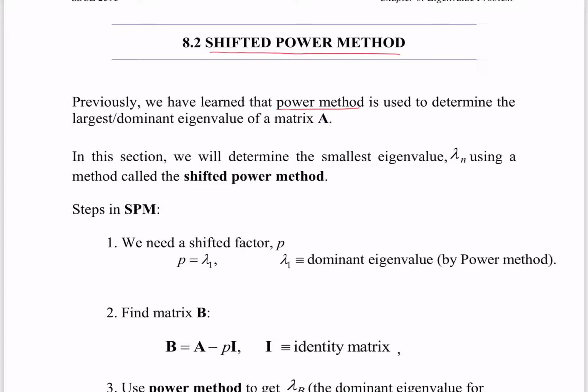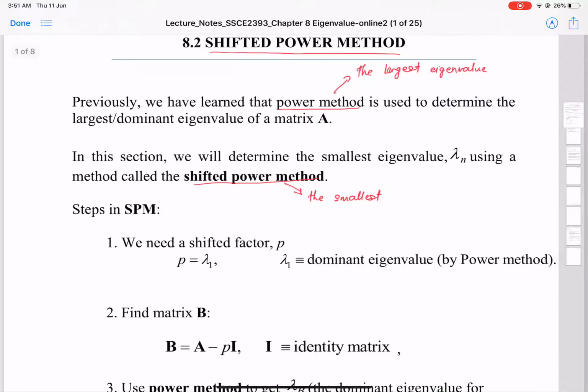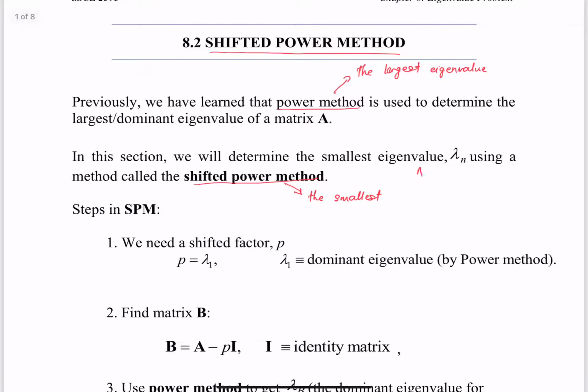So far we already know the power method determines the largest eigenvalue, and with the shifted power method we can find the smallest. Let's say our matrix A is a 3 by 3 matrix.